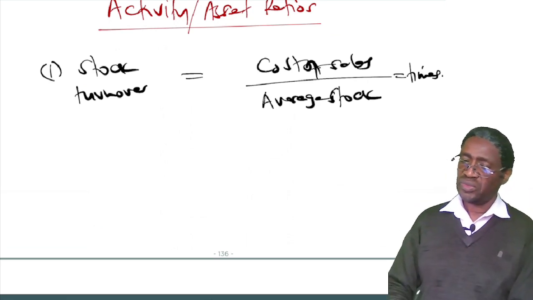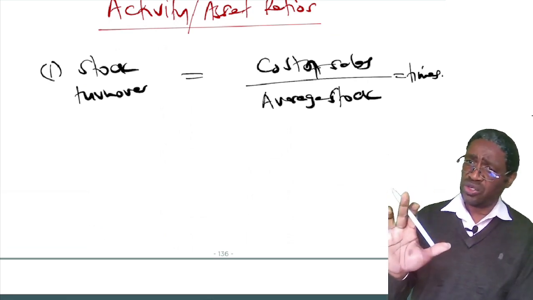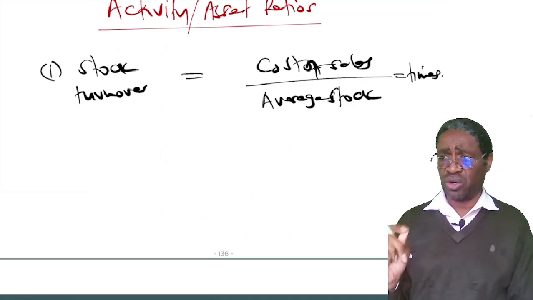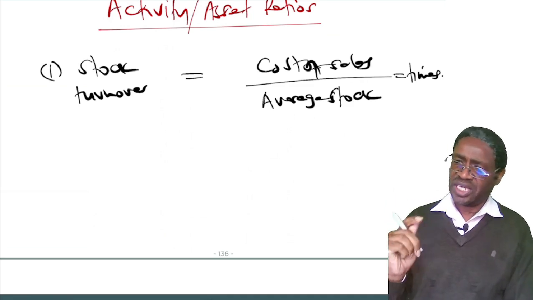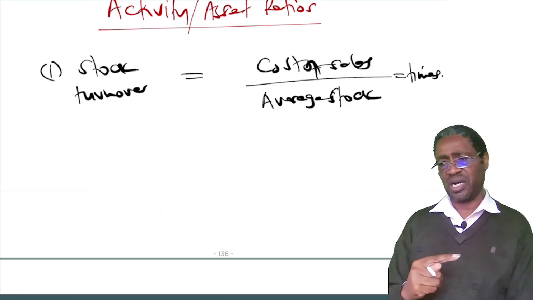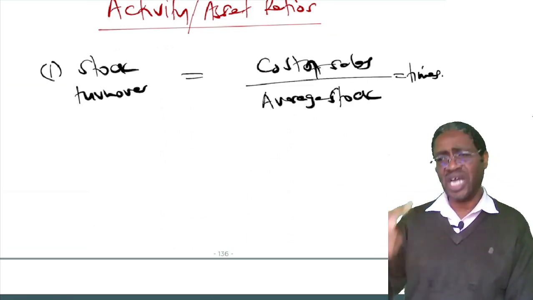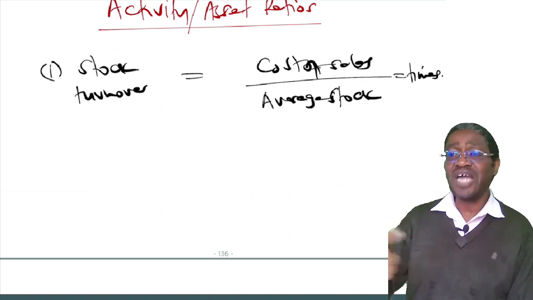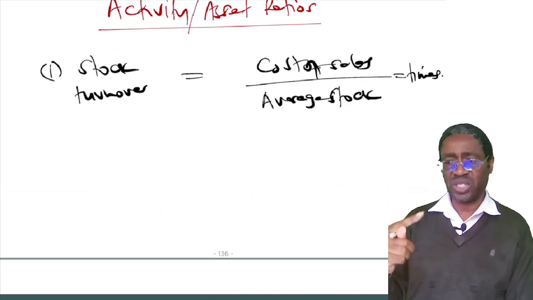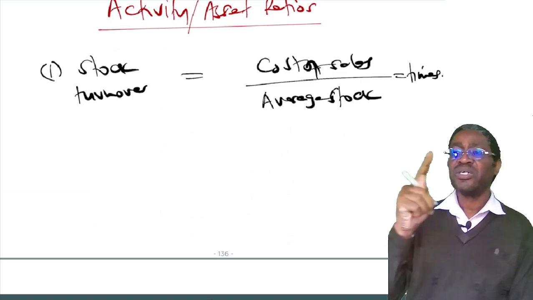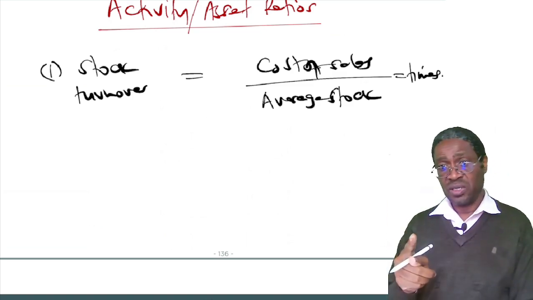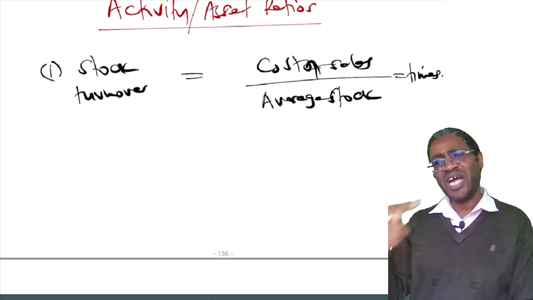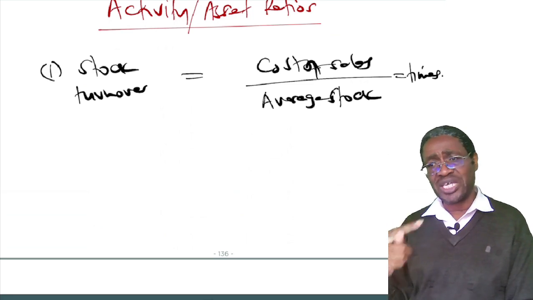Now, when you take the cost of sales and divide that by the average stock, this ratio indicates to you as a company how many times you are able to turn your stocks into sales. That's why we call it stock turnover. Or you can also call it inventory turnover.